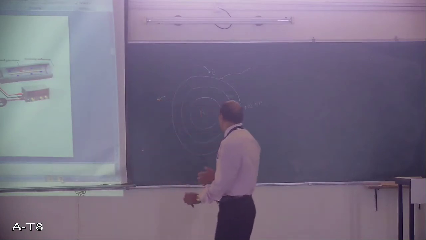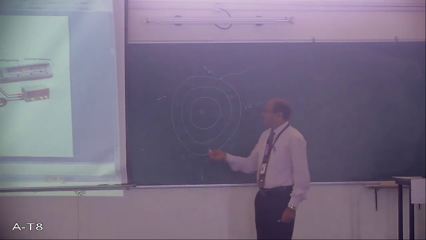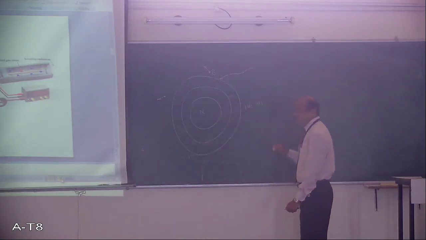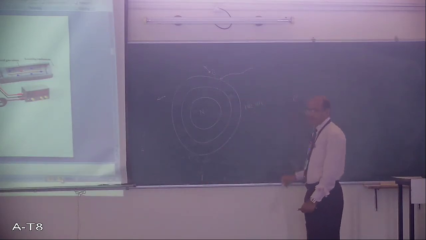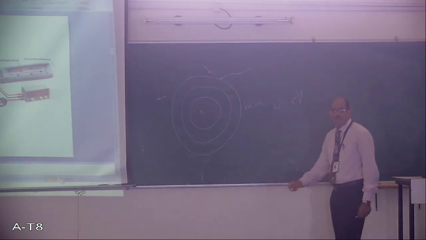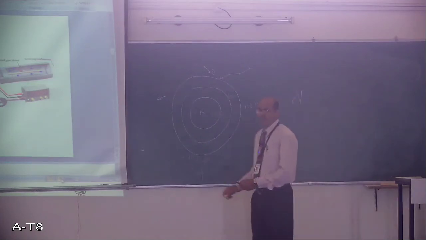You know the kinetic energy of an electron or any charged particle: if a charge e is accelerated by a potential phi volt, then the product e into phi gives you the kinetic energy of the particle.